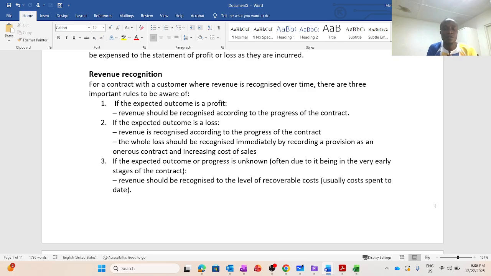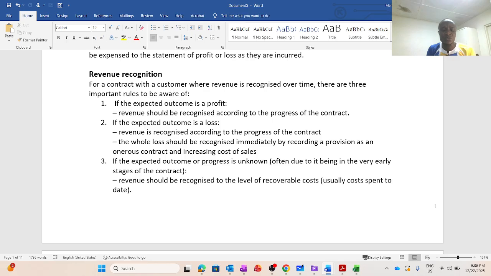The second concept, if the expected outcome is a loss, then we need to do two things. One, the revenue is recognized according to the progress of the contract. Secondly, the whole loss should be recognized immediately by recording a provision for an onerous contract and increasing the cost of sales. When we are talking about an onerous contract, you can go back to IAS 37 Provisions, Contingent Assets and Contingent Liabilities. An onerous contract is basically an expected loss-making contract.